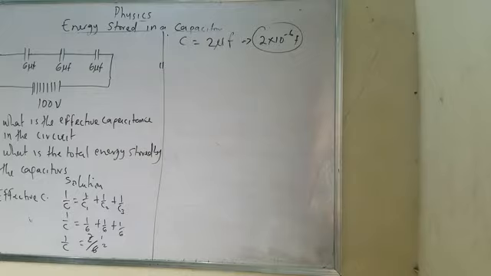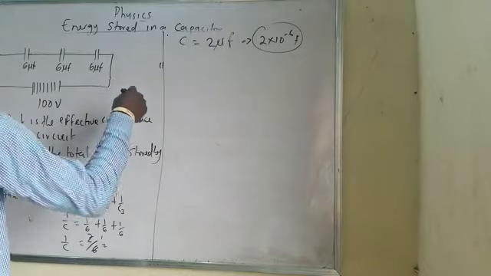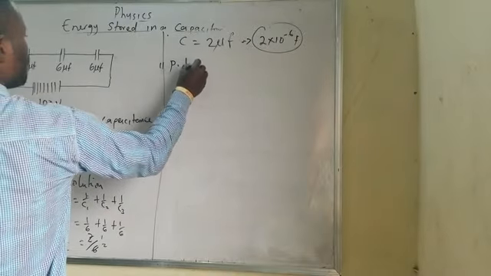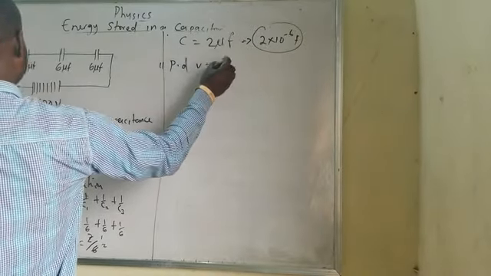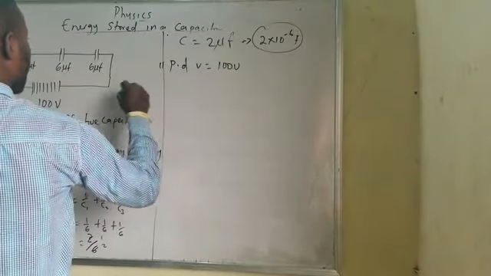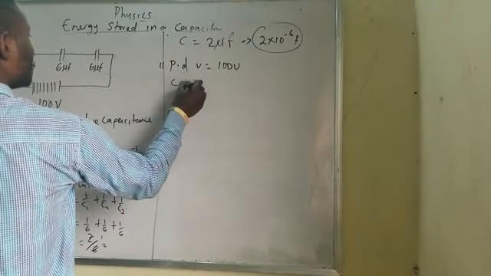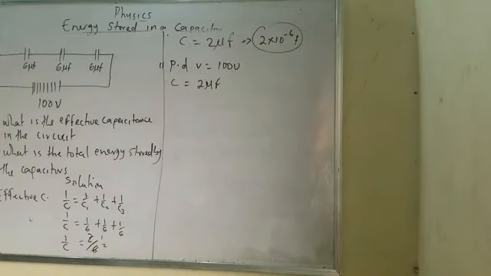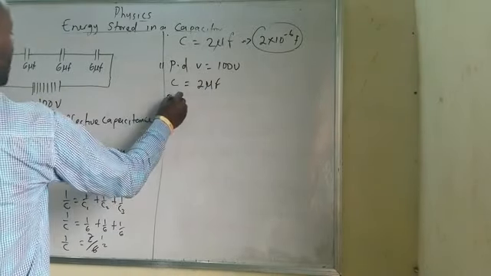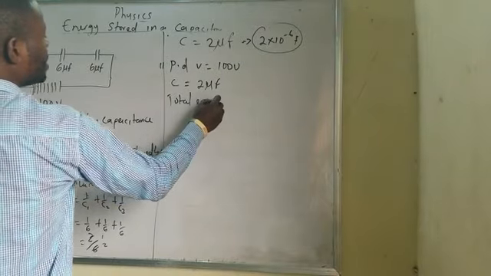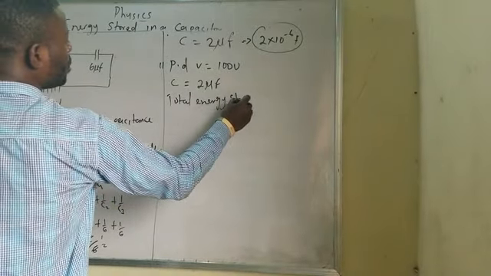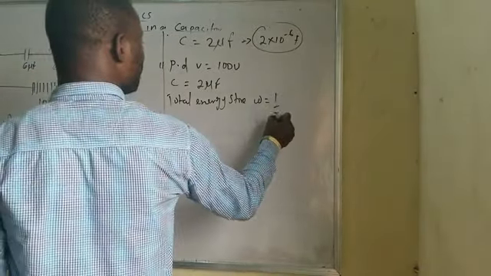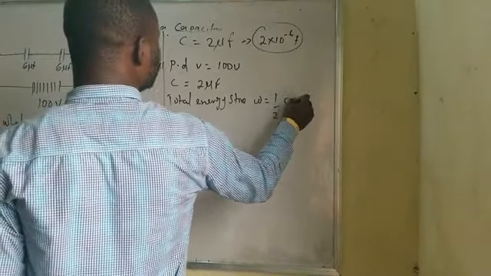Now, I've told you earlier, we have our potential difference, which is 100 volts, and I have the capacitance of this capacitor. And I've told you that the total energy stored, W, equals half CV squared.